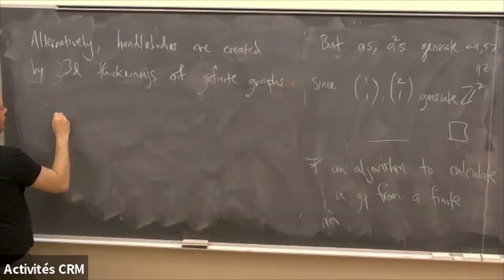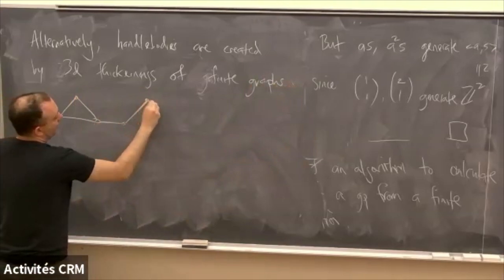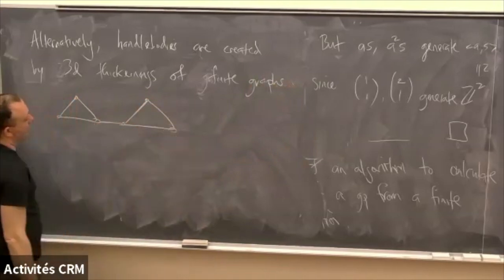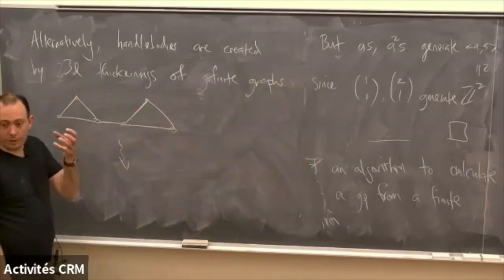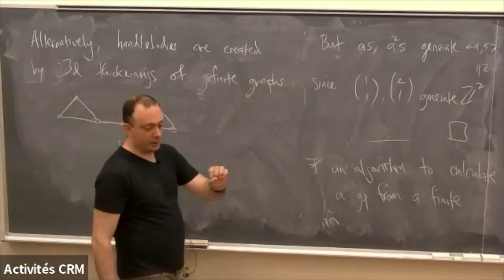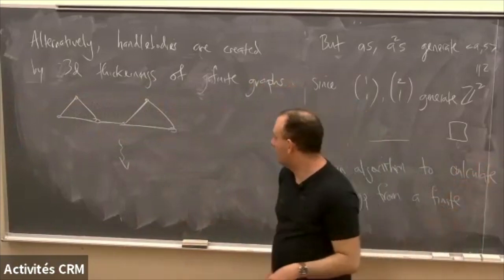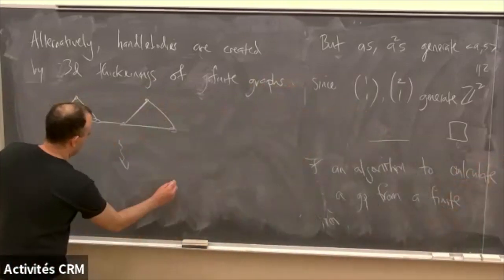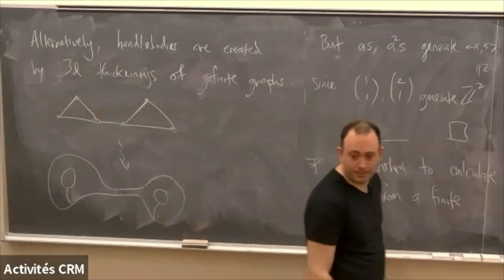If I give you some finite graph like this, then you can imagine thickening it by replacing each of the vertices with a little 3 ball, and each of the edges with a disk across an interval. And that gives you something that looks like that in this picture.